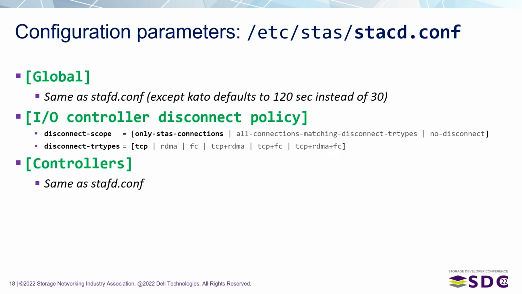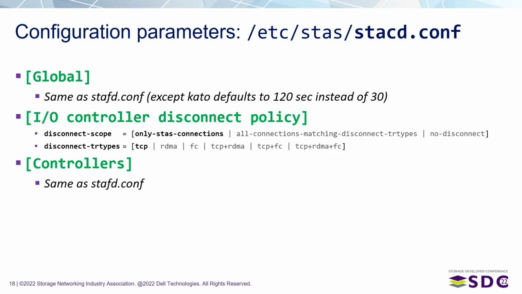If fabric zoning decides you should no longer be connected to a specific subsystem, it turns down that connection the moment the discovery log page entry is not present once you issue the get discovery log page command related to that subsystem. So that is the default behavior.